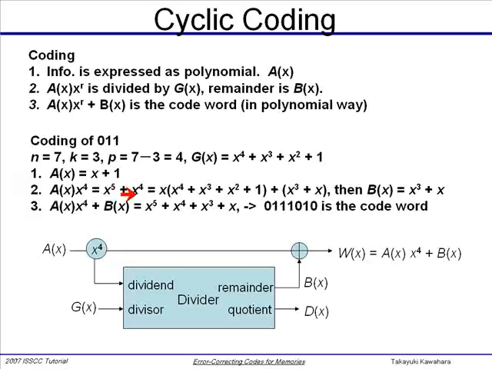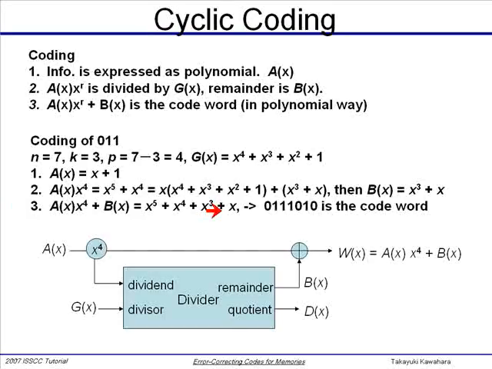Therefore, that's divided by g(x), so it's expressed here. The remainder is this here, so the remainder is x cubed plus x. As a definition, we're summing up these two. The result is x fifth plus x fourth and x cubed plus x.